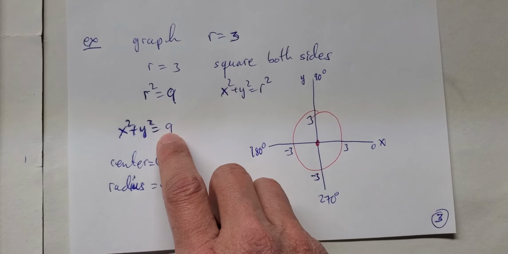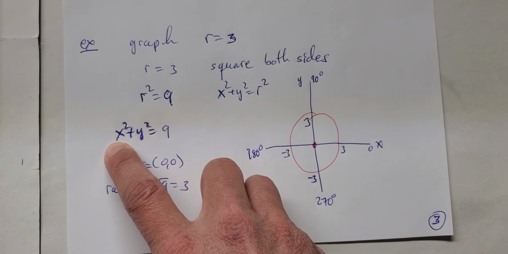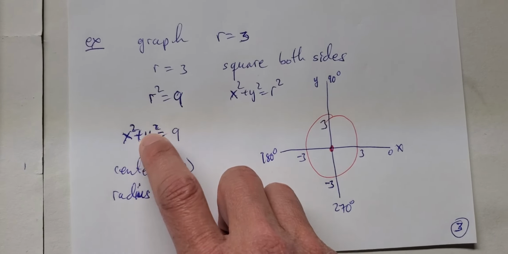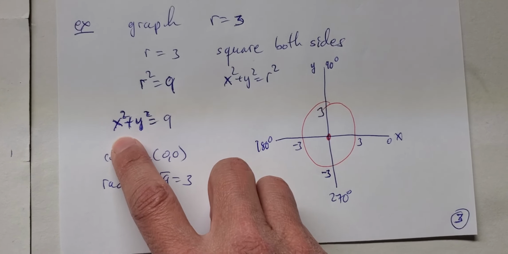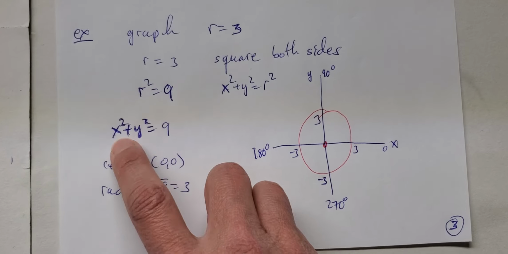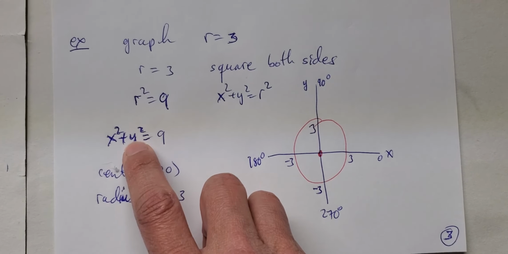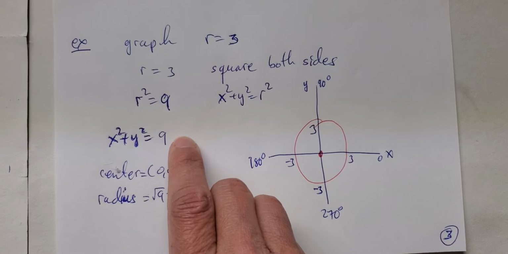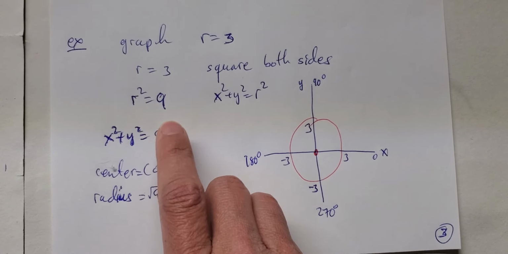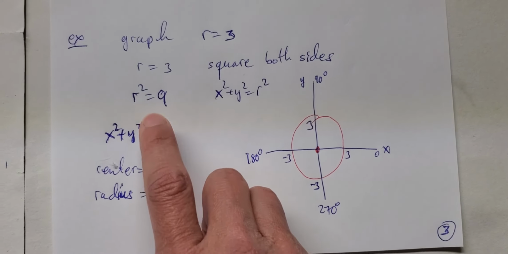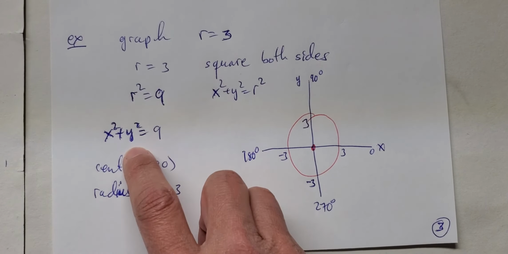Here there's nothing you can do. There's no other x, no other y, so there's no need to complete the square. On the right-hand side there is no xy, it's just 9. So this is already completely done.